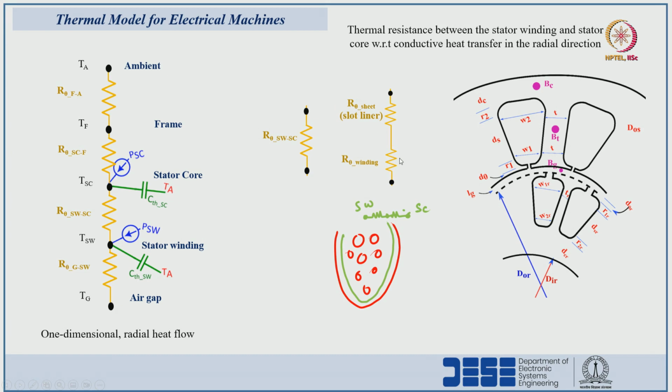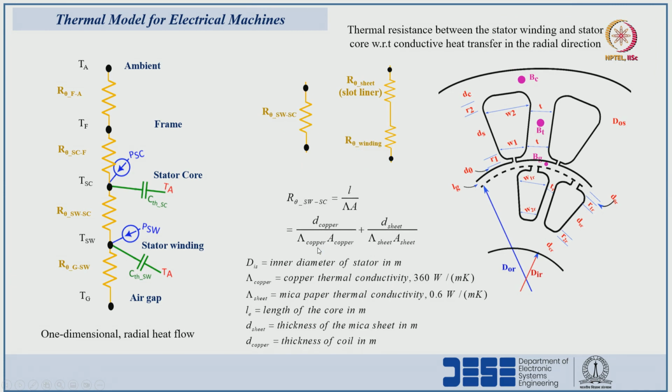Here if more accuracy is required, we can consider one more resistance, that is the insulation of the winding, for a more accurate design, but the conductor insulation with respect to the radial direction I am neglecting here. I am showing the thermal resistance with respect to the stator winding and with respect to the slot liner.